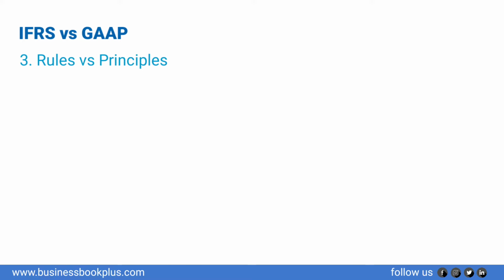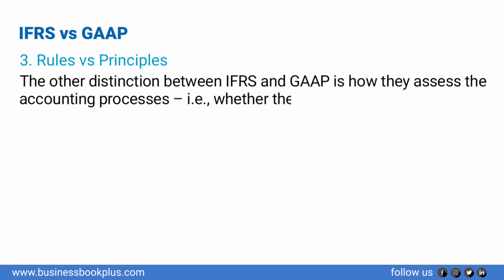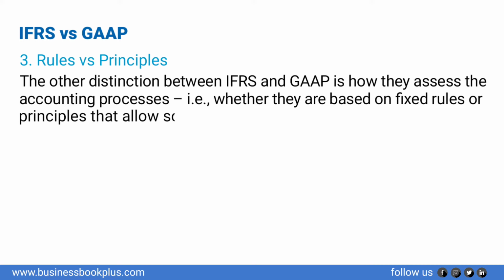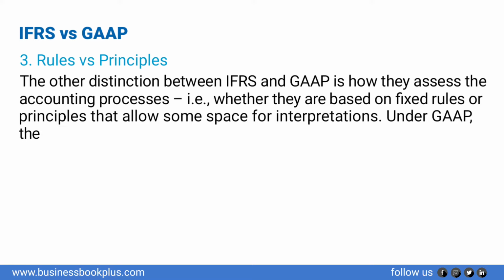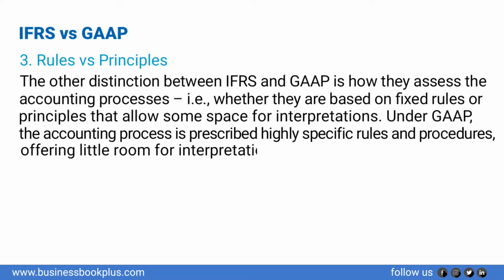Number 3. Rules versus principles. The other distinction between IFRS and GAAP is how they assess the accounting processes, that is, whether they are based on fixed rules or principles that allow some space for interpretation. Under GAAP, the accounting process is prescribed by highly specific rules and procedures, offering little room for interpretation.